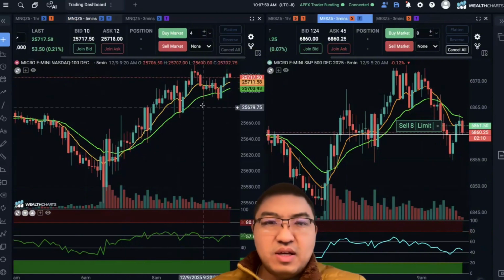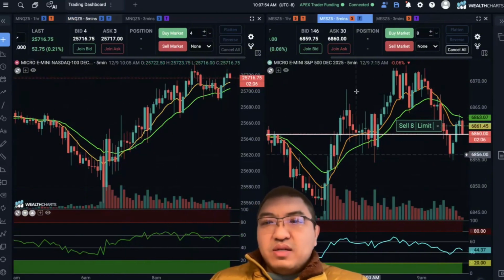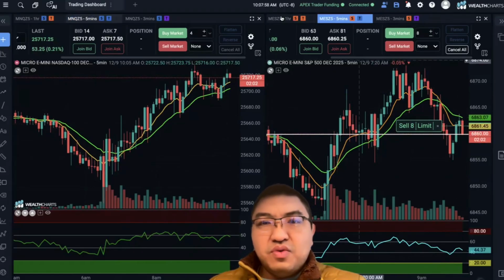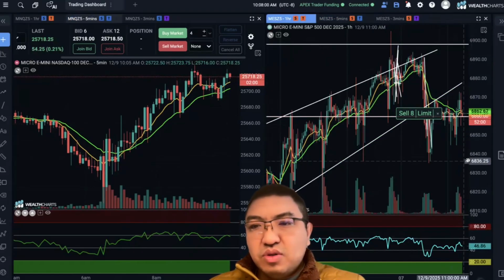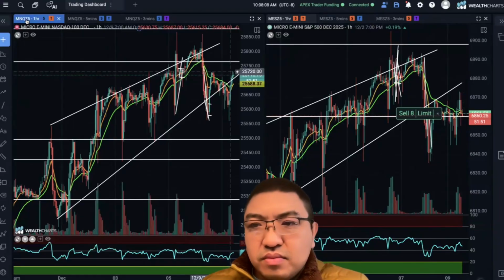Overall, NQ has intention to go up, while ES is just sideways, and from the 1 hour, it should go down. No, it's just sideways here. Oh, wait a minute, ES is already in the middle, but NQ is at the top.